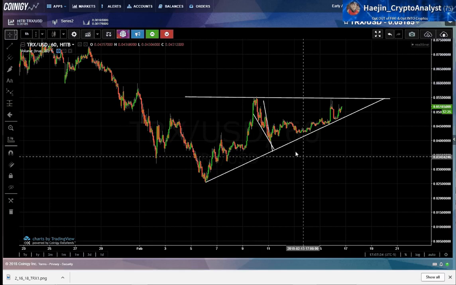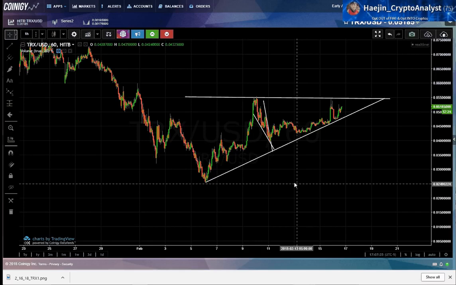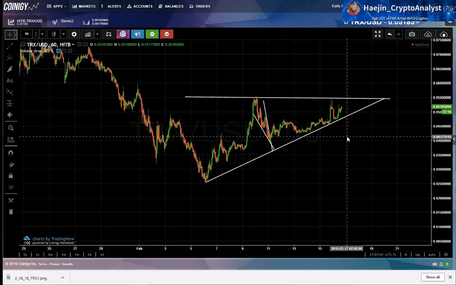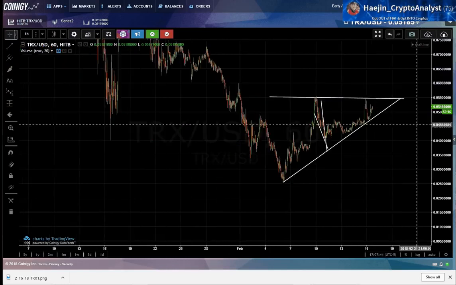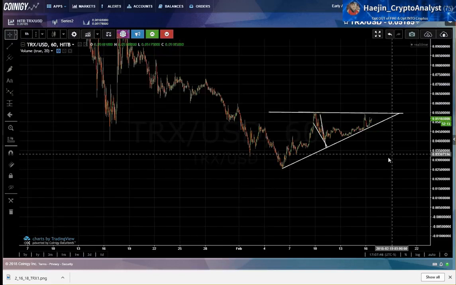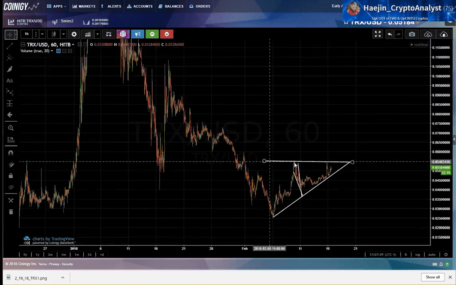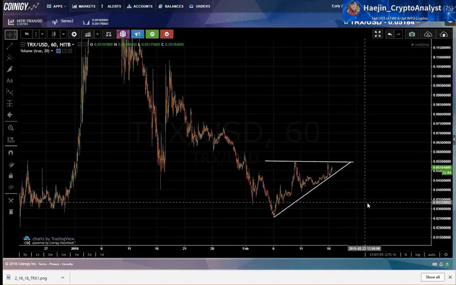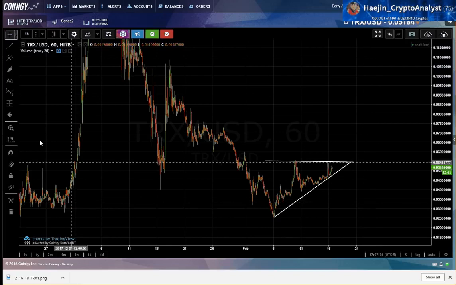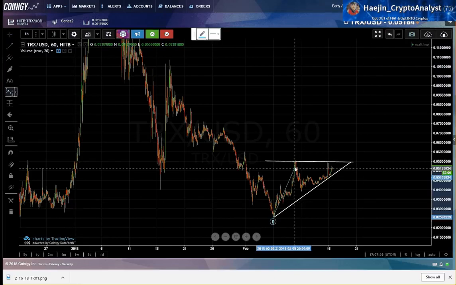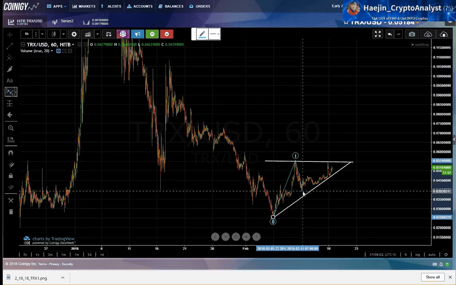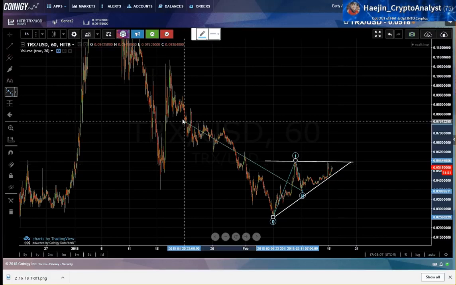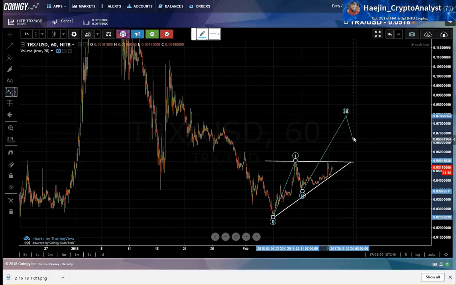And while it is not the most perfect kind of ascending right triangle in the connecting points or touch points of the upper and the lower lines, I think it fits well into the overall reversal phase. And the Elliott waves could be seen as we have a 1, 2, and as soon as the breach occurs, we can get a 3, 4, and 5.